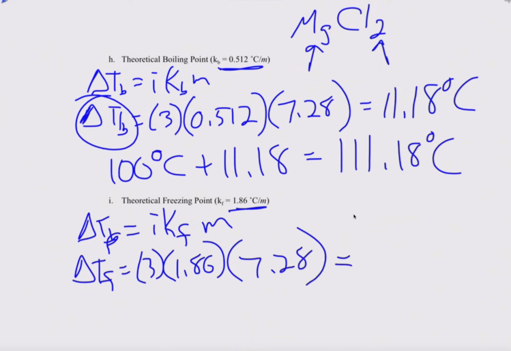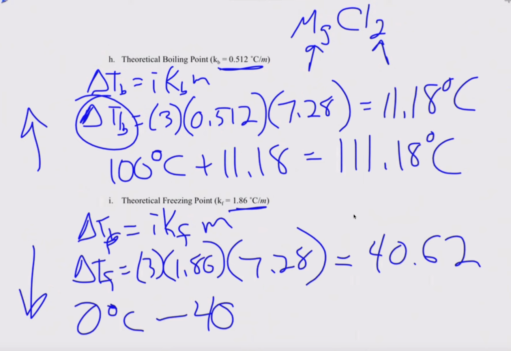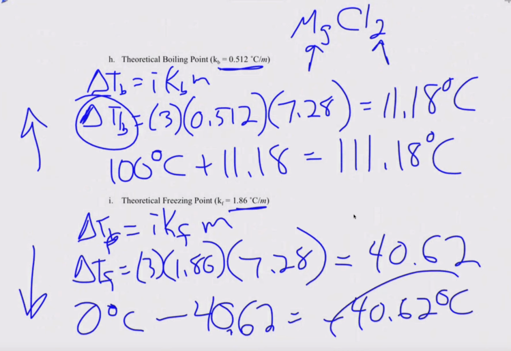Do that math, we get a result of 40.62. And then since the normal freezing point of water is 0, we subtract, because the boiling point goes up, the freezing point goes down. We subtract 40.62. So the new freezing point would be negative 40.62 degrees Celsius.